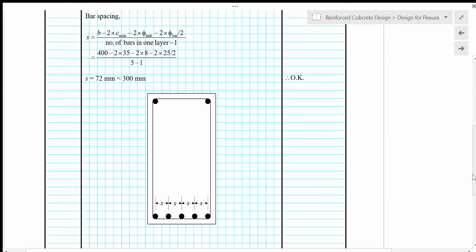And then the actual bar spacing in our design, so we have 5 bars as one layer of arrangement, and these bars are 25 mm bars.